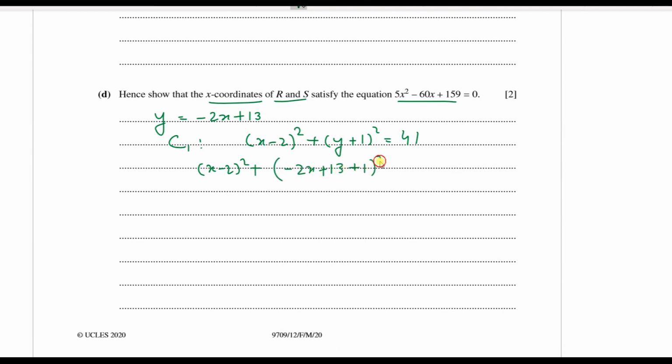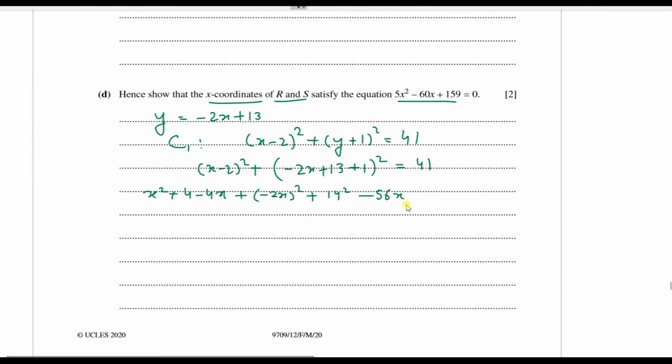So we can expand it. It is going to be x square plus 4 minus 4x plus (minus 2x plus 14) whole square, which is 4x square plus 14 square minus 2 times 2 times 14, that is 56x, so minus 56x, is equal to 41.